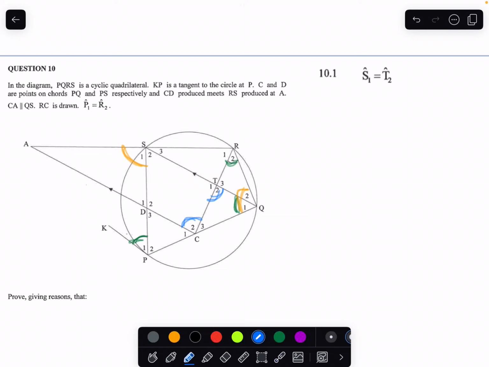In the meantime, it's blue, that's as much as we know. Oh, wait. But this is green because of corresponding angles.